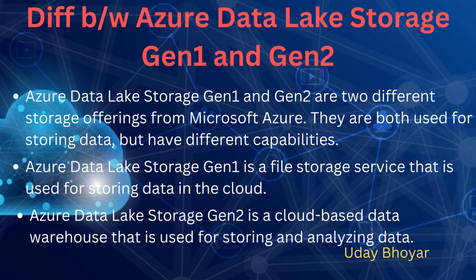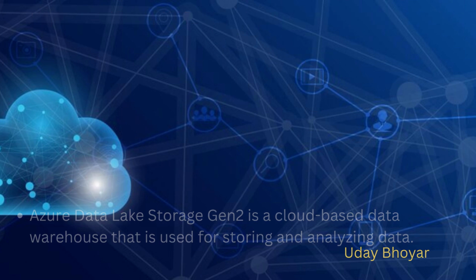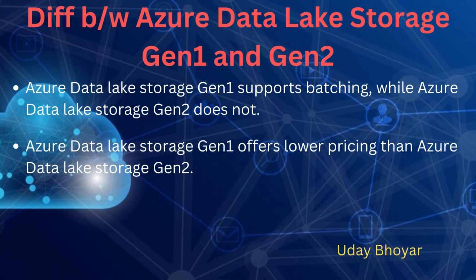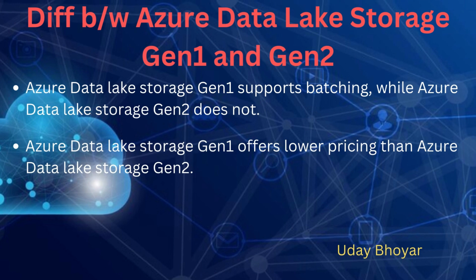Azure Data Lake Storage Generation 1 and Generation 2 are two different storage offerings from Microsoft Azure. They are both used for storing data but have different capabilities. Generation 1 is a file storage service used for storing data in the cloud, whereas Generation 2 is a cloud-based data warehouse used for storing as well as analyzing the data. Generation 1 supports batching, whereas for Generation 2 we do not require any batching as we are storing and analyzing the data in the same place.